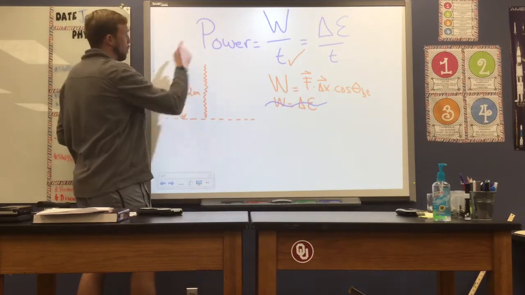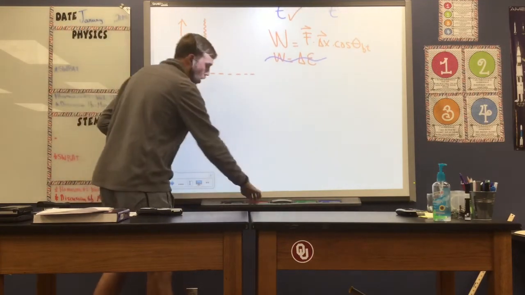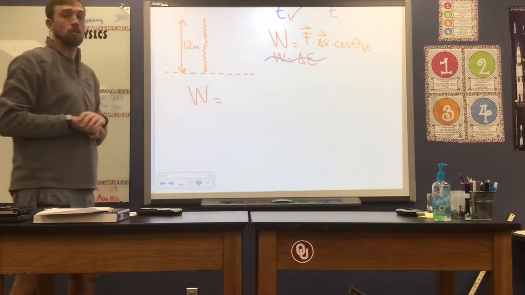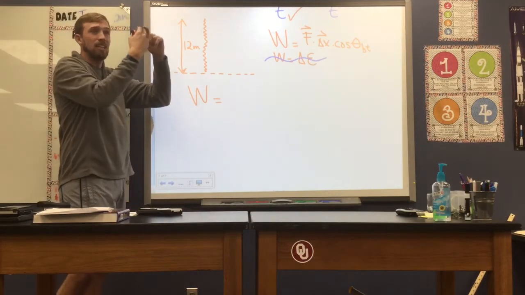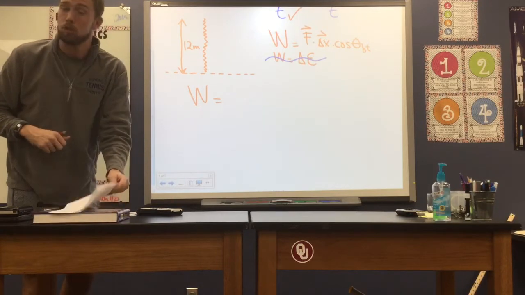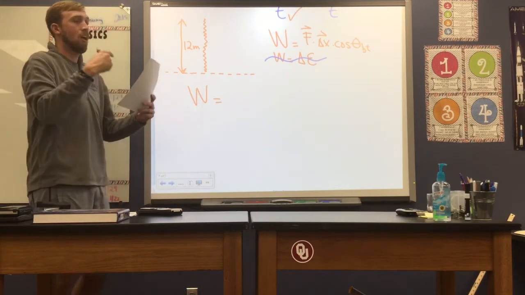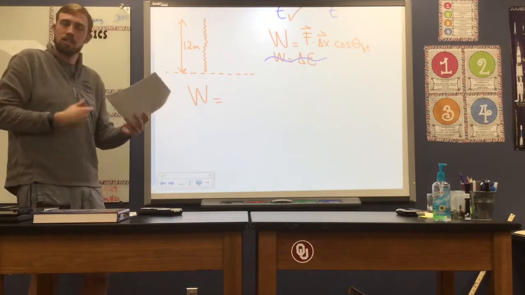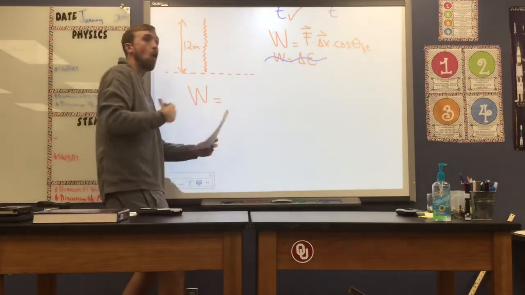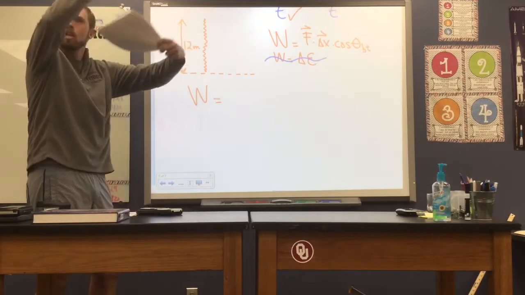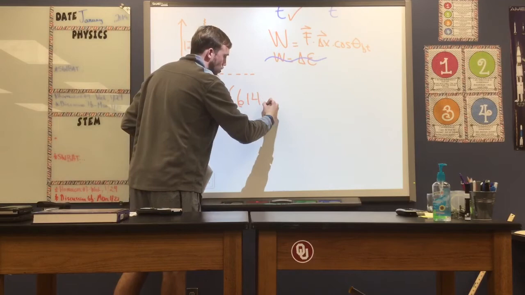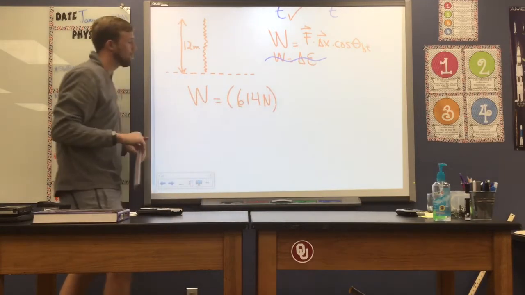I'm going to plug in the values that were given directly. So work done is equal to the force. If I weigh 614 newtons, that's the force that's needed to overcome gravity, because gravity is the force that's wanting to pull me down. I've got to overcome my own body weight to pull me up the rope. So that's the force we're going to use, 614 newtons.